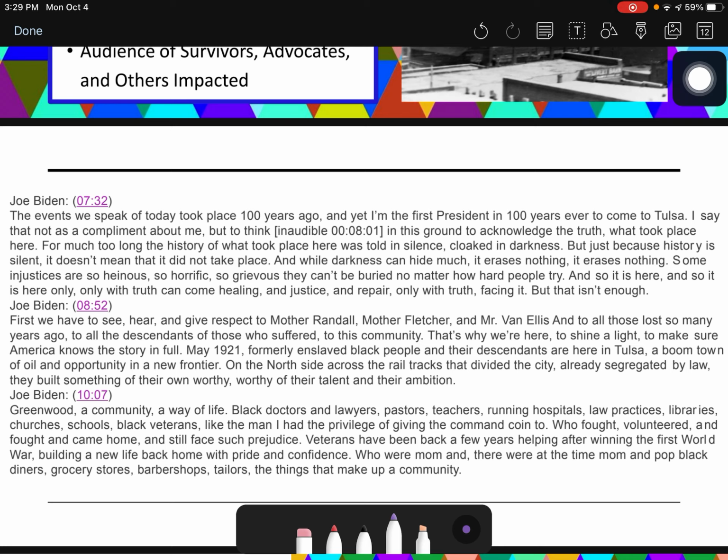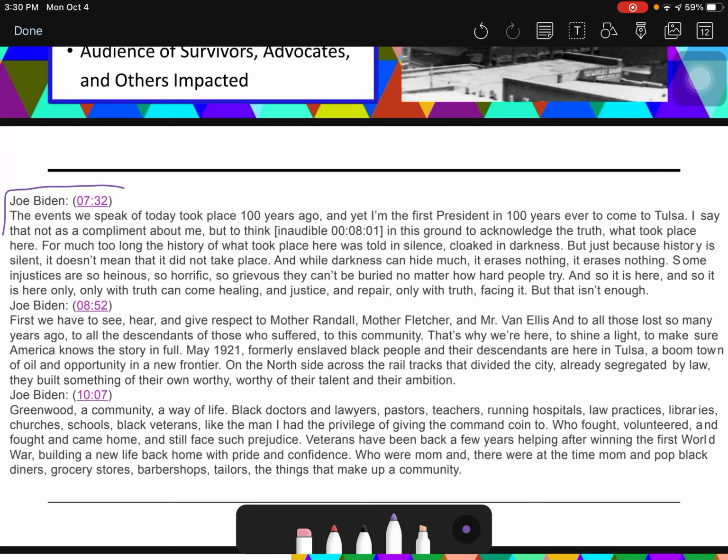The events we speak of today took place 100 years ago, and yet I'm the first president in 100 years ever to come to Tulsa. I say that not as a compliment about me. It is in this ground to acknowledge the truth, what took place here. For much too long, the history of what took place here was told in silence, cloaked in darkness.